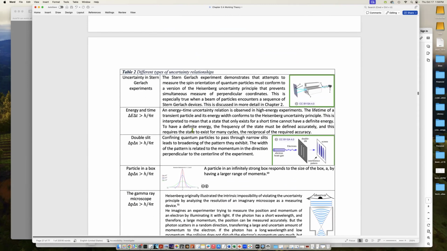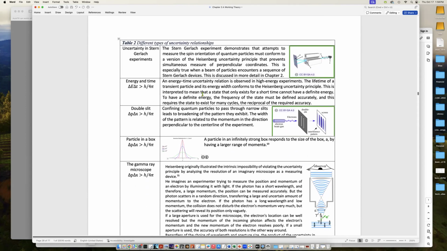And it's not just position and momentum that apply. We saw the Stern-Gerlach experiment last week. That has its own pair of values that must be larger than Planck's constant over 4 pi. Energy and time have this same kind of relationship.